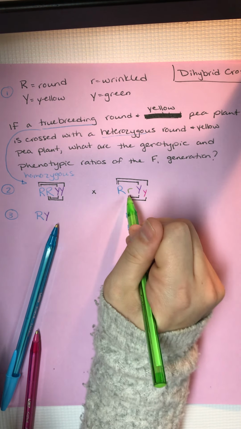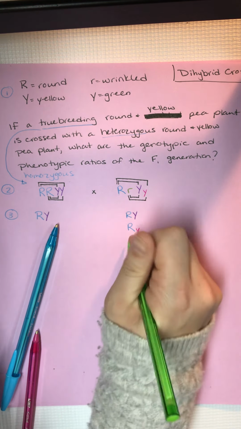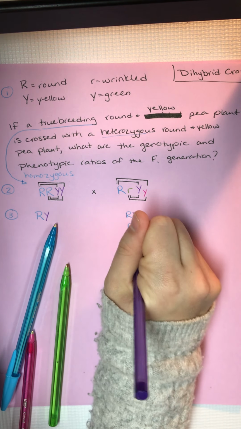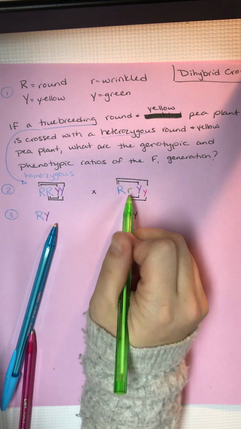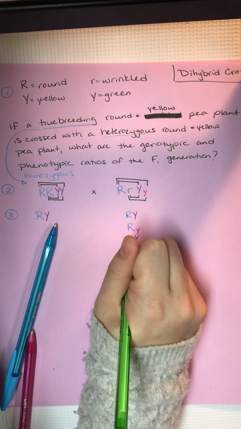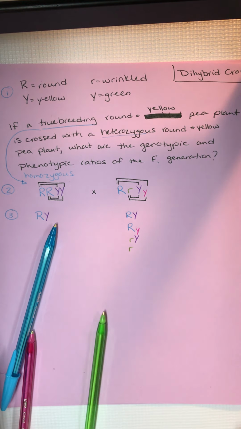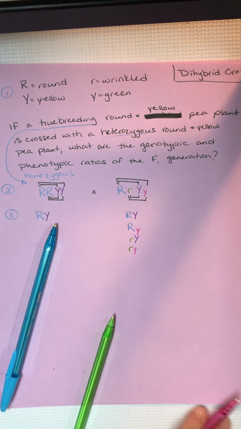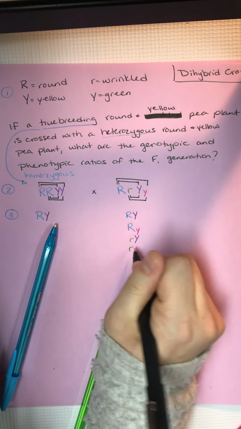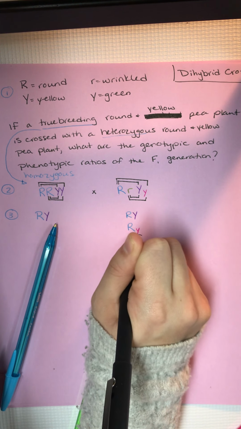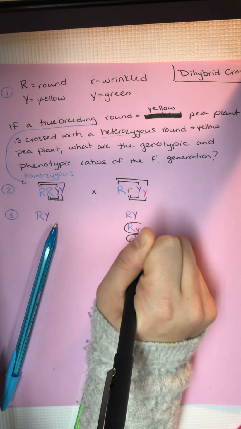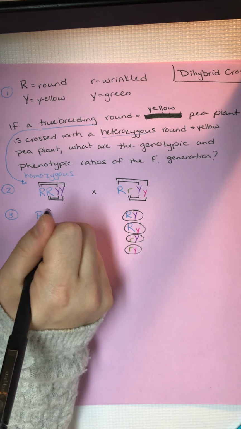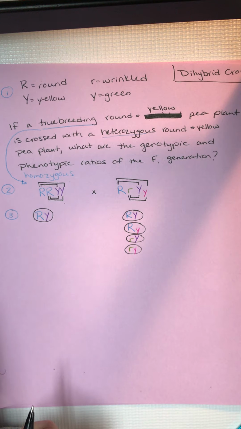Next, we could have a gamete that is little r, big Y. And then finally, we have little r, little y. Okay, so each of these gametes is distinct. Okay, all 4 of these could be produced from this parent, whereas this parent only has one possible distinct gamete.